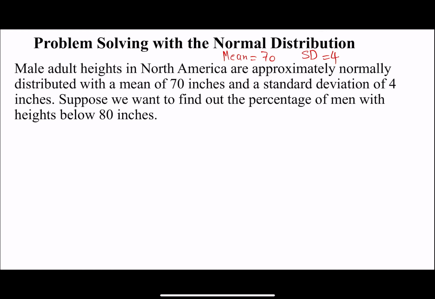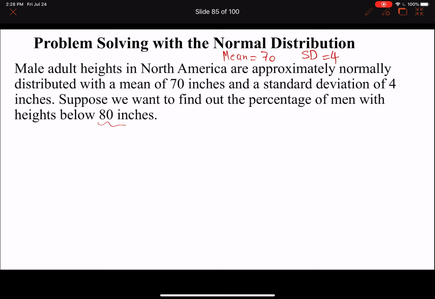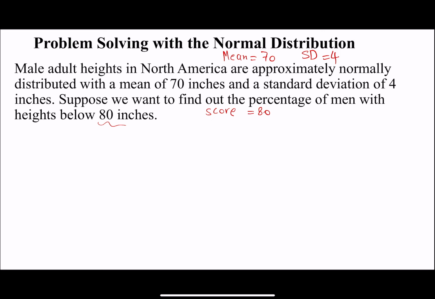And we want to find out the percentage of men with heights lower than 80 inches. The percentage of men with heights lower than 80 inches, so that's your particular score, 80 inches. Okay, so I want to find the percentile. How do I find it?